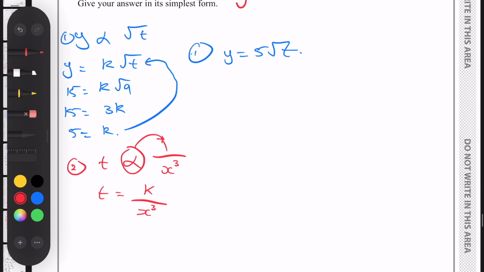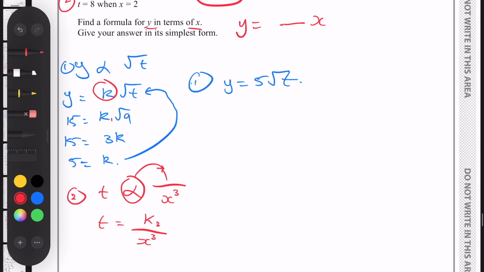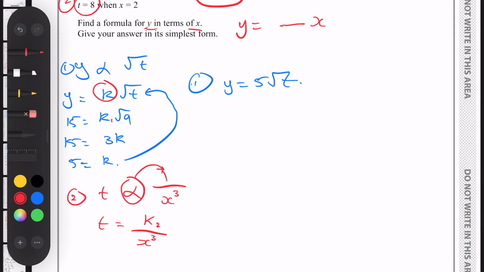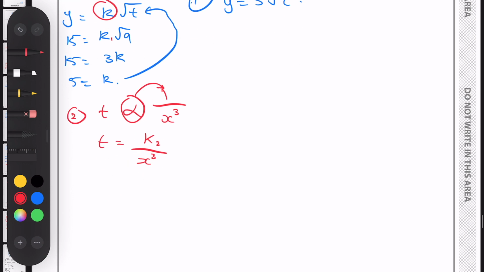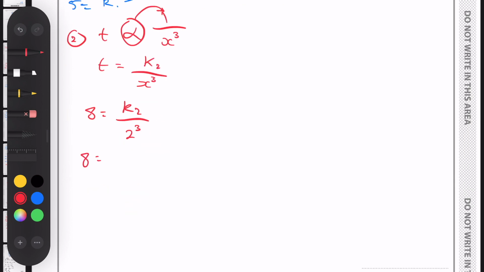And what you'll notice is we have two different constants represented by the same letter. So if we call this k1, then we can call this k2. You substitute your numbers in. T equals 8, x equals 2. So 8 equals k2 over 2 cubed. 8 equals k2 over 8, and that means k2 has to equal 64.